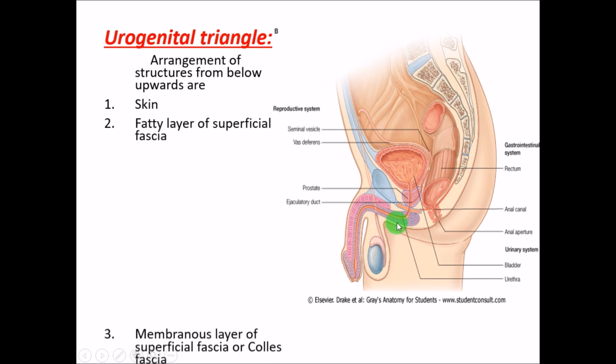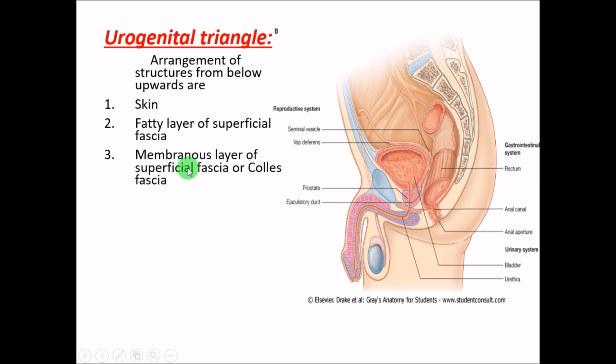There are two layers of the superficial fascia in the urogenital region, and in the upper part of the thigh and the lower part of the abdomen. The fatty layer of the superficial fascia, then deep to that there is a membranous layer of the superficial fascia, which is also called Colles' fascia, deep inside here.